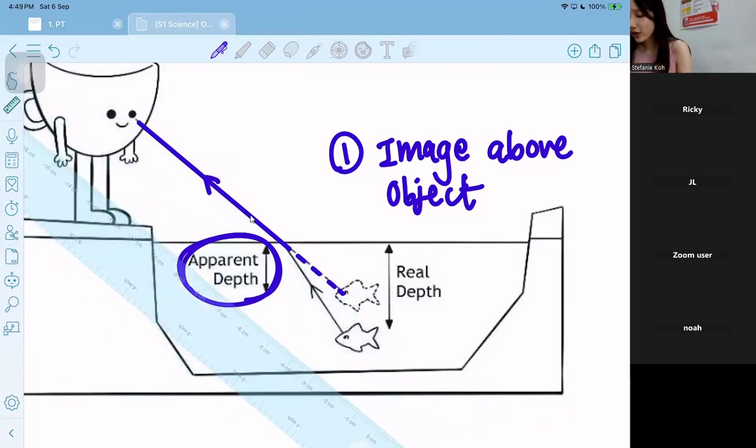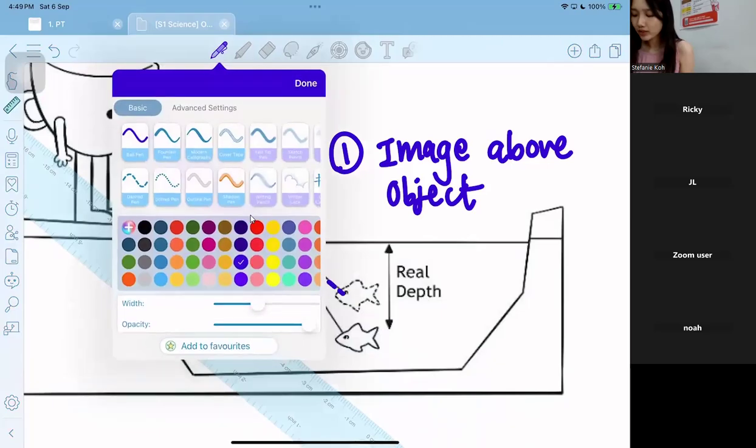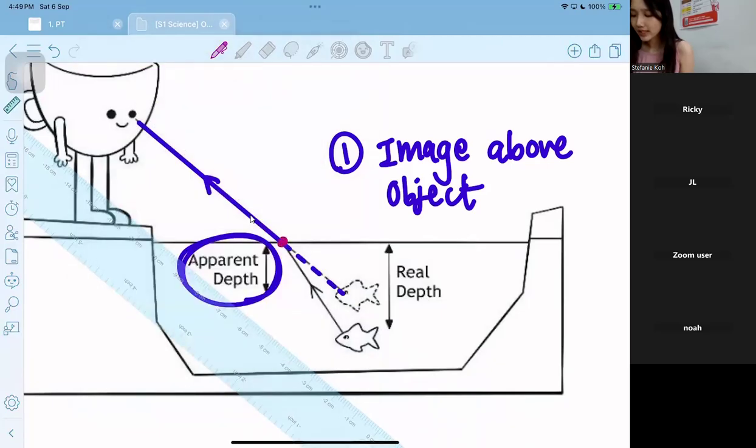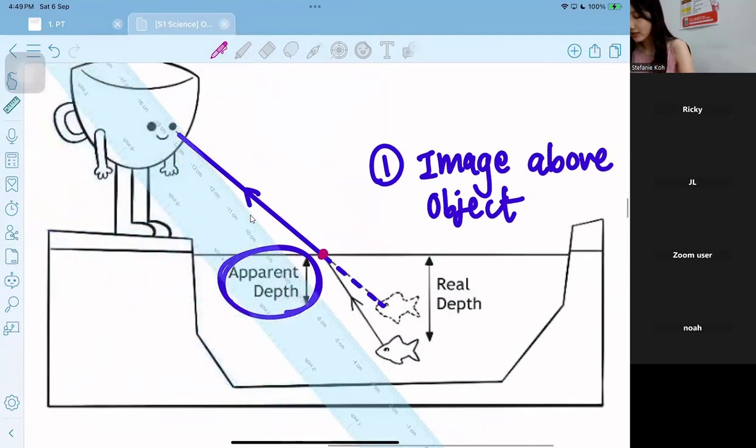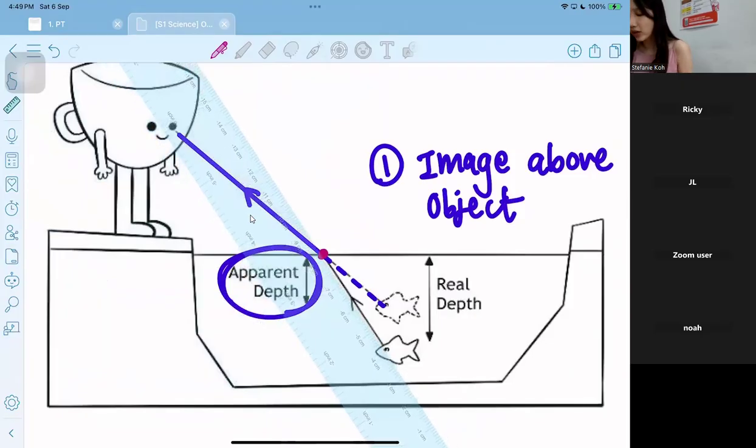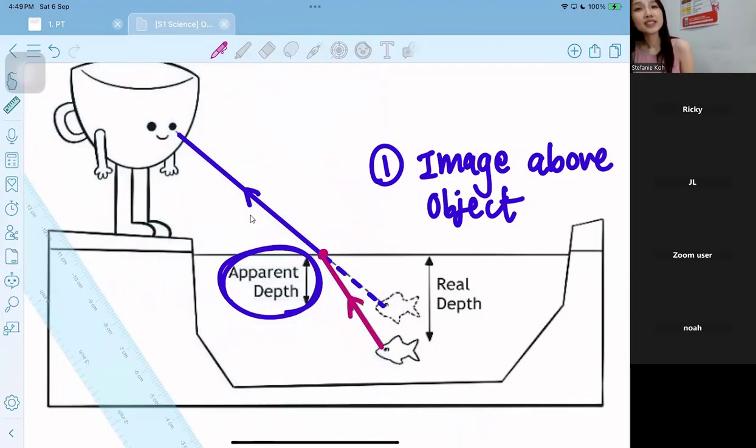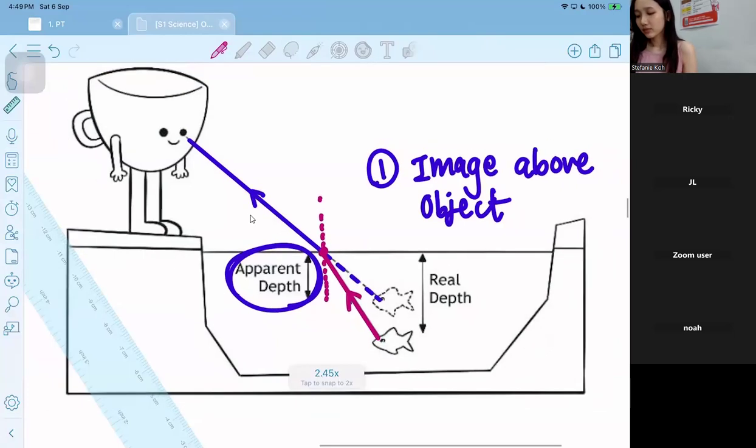But where did it bend from? At this point, the incident ray is here. From that point to the actual object, that is the incident ray. And the last one is just the normal. Then from that point, you just draw perpendicular down. That's the normal.